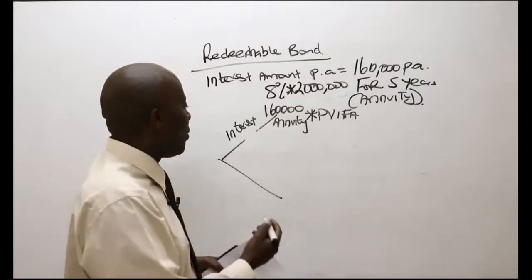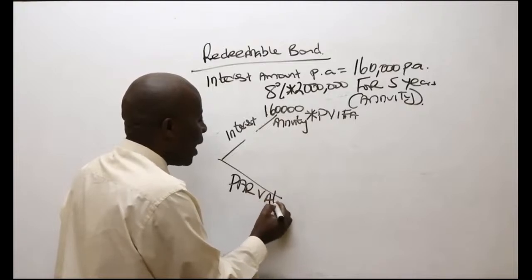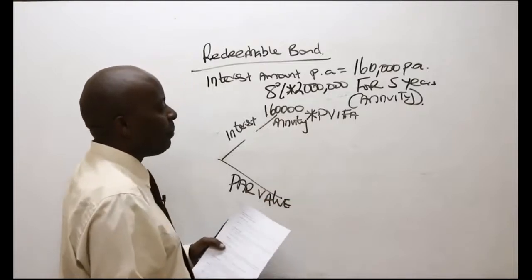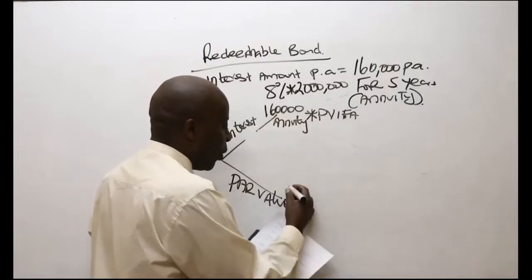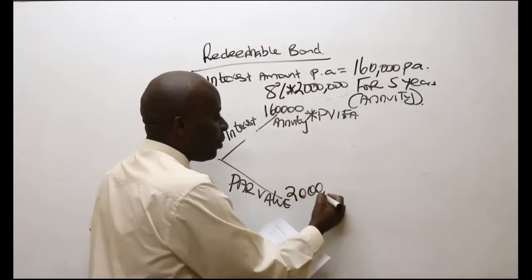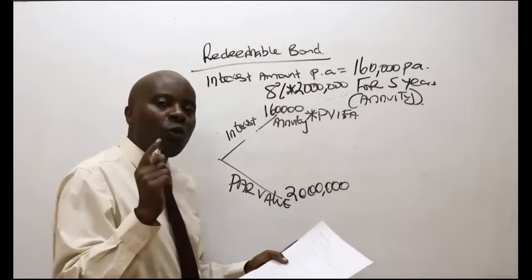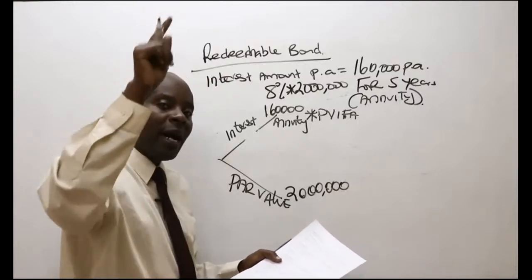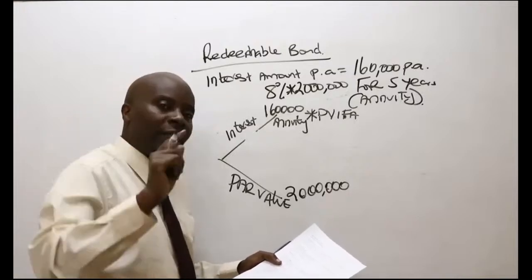So in this case, we have another form of cash flow called the par value. The par value, which has to be redeemed in full, is 2 million. So this 2 million is a lump sum amount that we'll be receiving in 5 years' time.